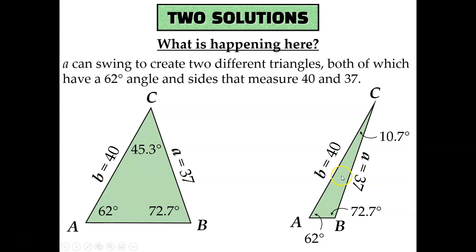But both of these triangles have an angle measurement of 62 degrees for angle A, and side lengths of 40 and 37 for B and A. It's just that A is this specific side length between being too short and too long that it can swing in two different directions to create two different triangles with this information.